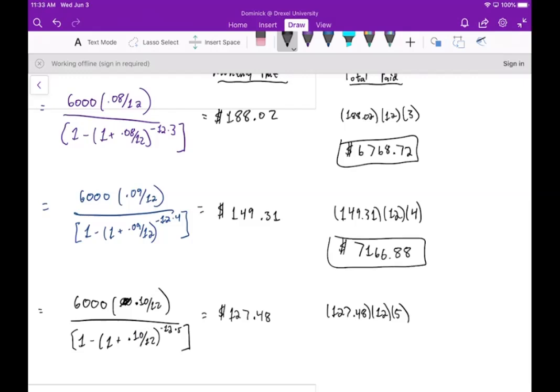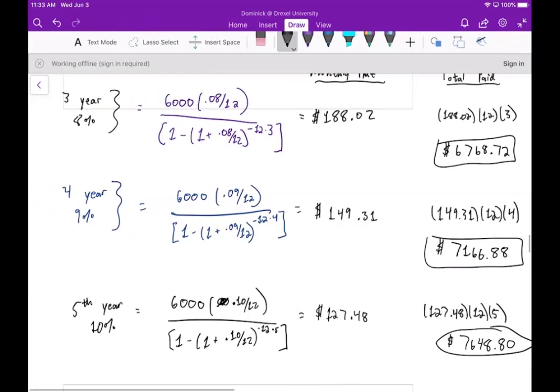And then finally the last one, 127.48 times 12 times 5 will give us $7,648.80. All right, so now we can talk about the pros and cons of each of these types of payments.